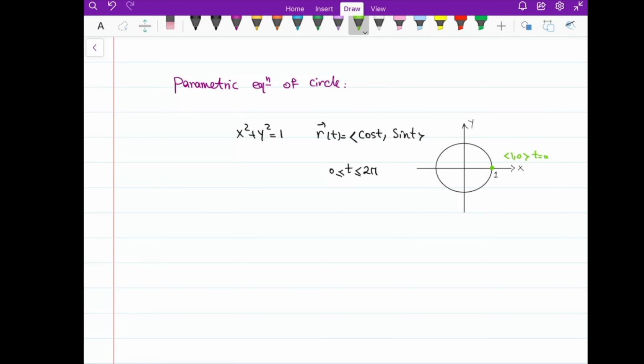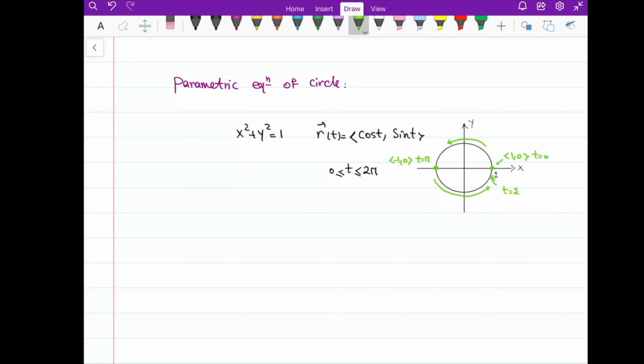Then if you plug in different t's, for example, at t equals pi, I get cosine of pi, which is negative 1, and sine of pi, which is 0. So I move along the circle, and at t equals pi, I'm here.